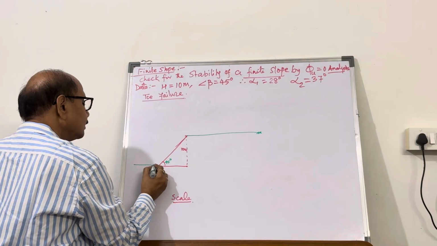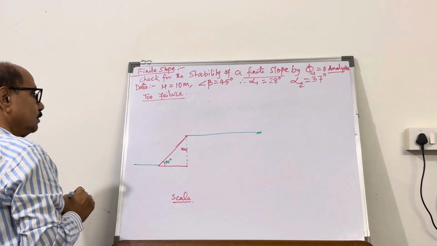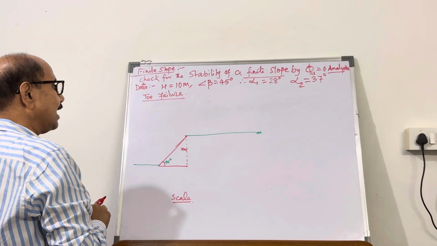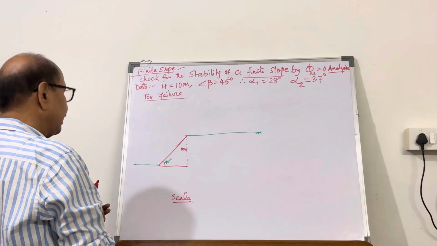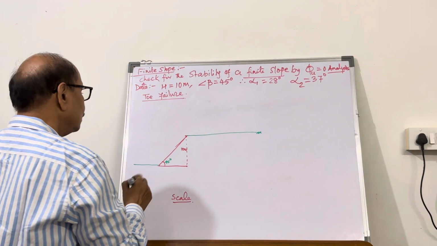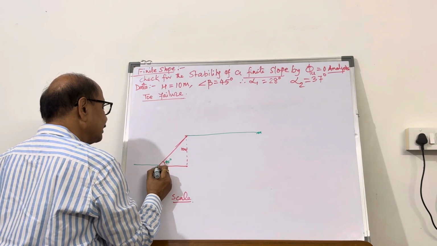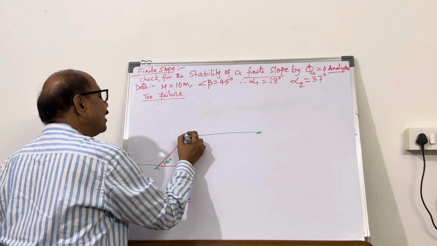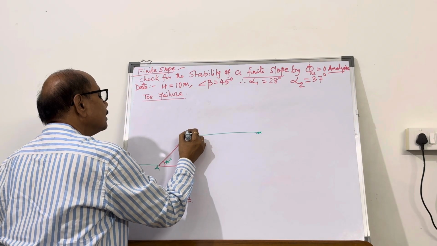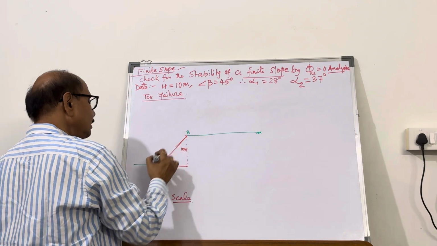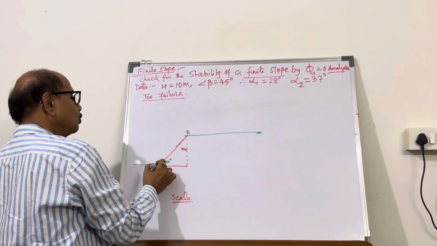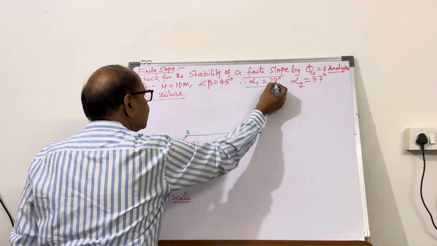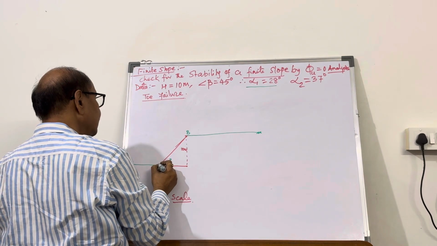You can plot it. Now the directional angles alpha 1 and alpha 2. If I call this point as A, this point as point B, then with respect to AB, the directional angle is 28 degree.